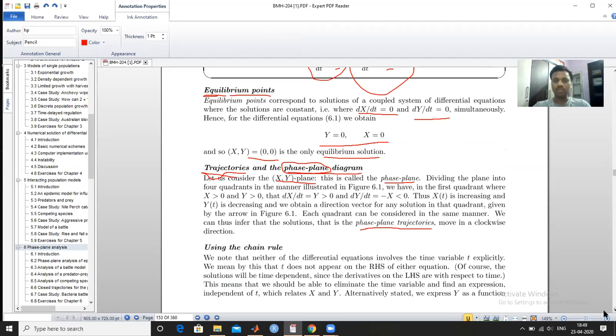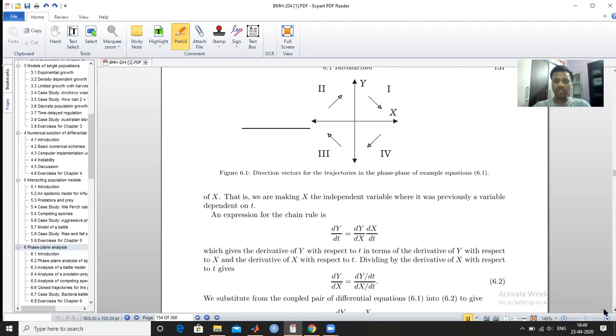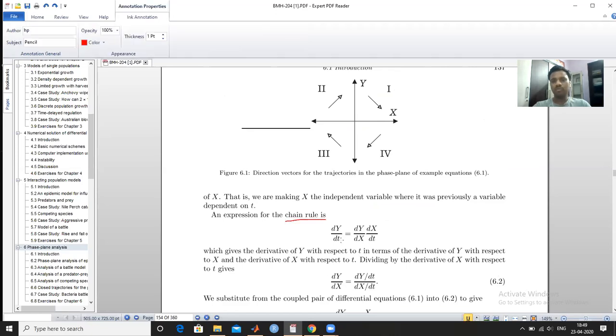To discuss this, we come directly here. First, we will check what the eliminated equation is, to find the relationship between x and y using the chain rule. Suppose you want to find dy over dx.